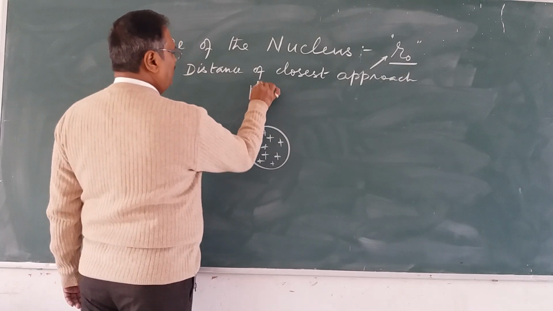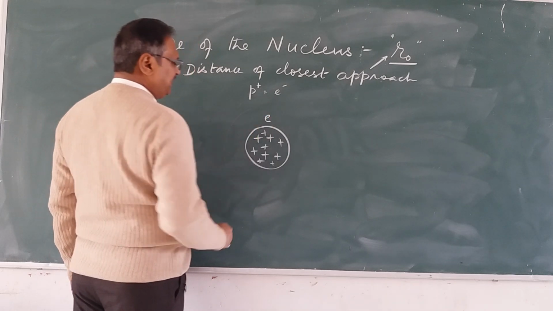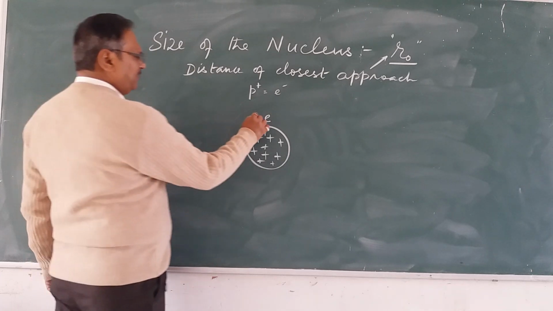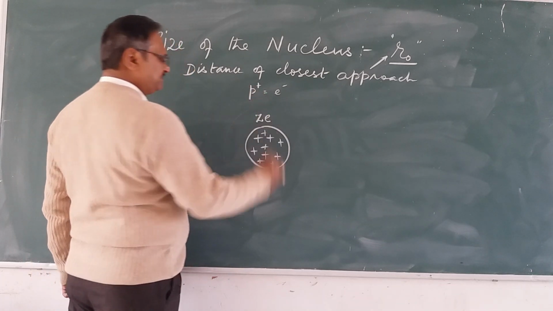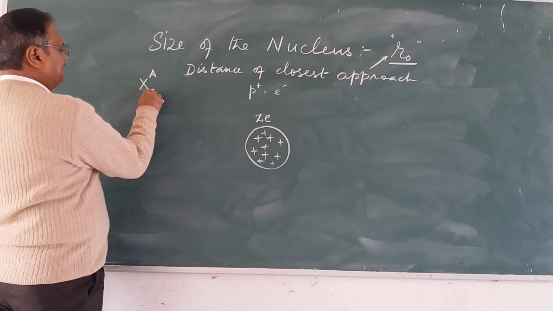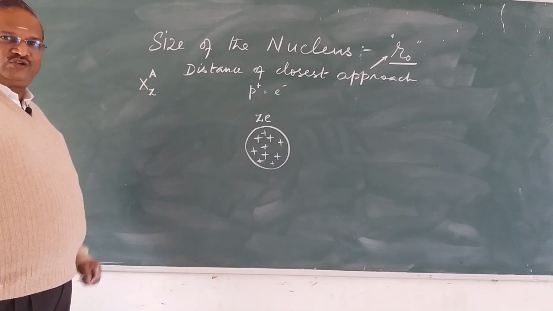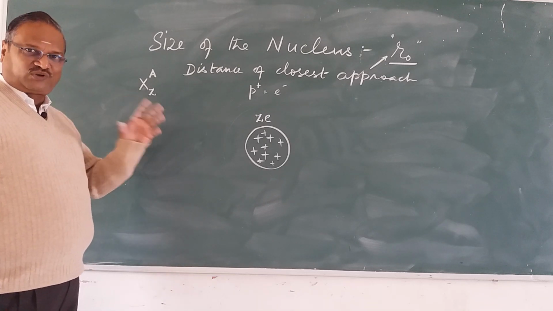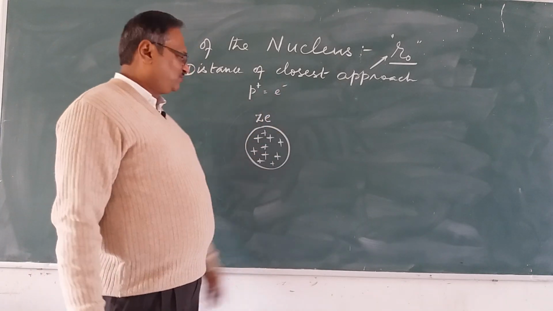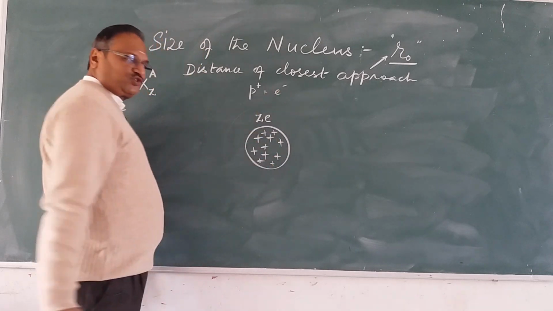You know the number of protons is equal to the number of electrons, so let us say electrons are E. The atomic number of gold, let us say, is Z. Any atom can be expressed as X with mass number A and atomic number Z. You know that an atom is electrically neutral, which means the number of protons is equal to the number of electrons. So I have got here Ze protons.